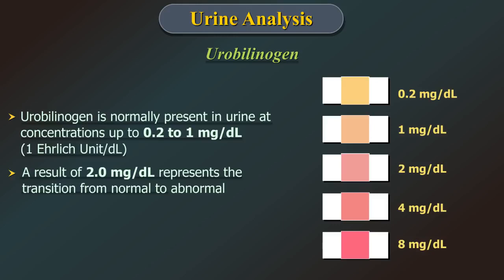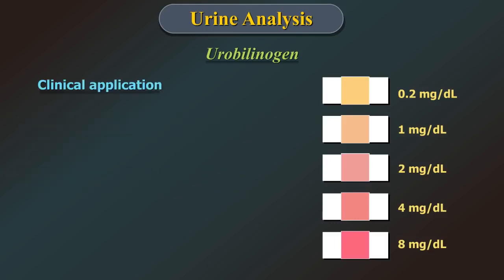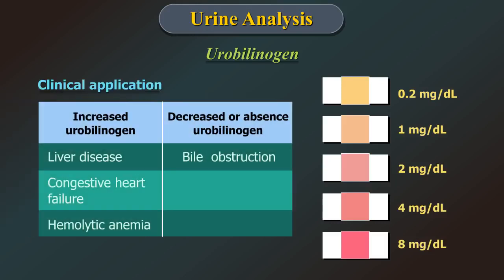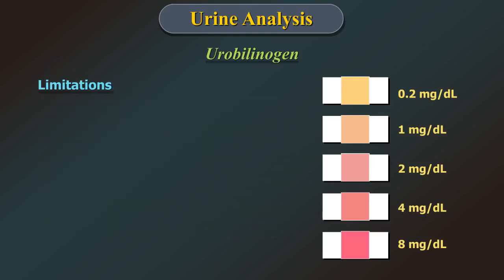A result of 2 mg per deciliter represents the transition from normal to abnormal. The clinical application is in detecting increased urobilinogen, which may indicate liver disease, congestive heart failure, or hemolytic anemia. Decrease or absence as seen in bile obstruction.